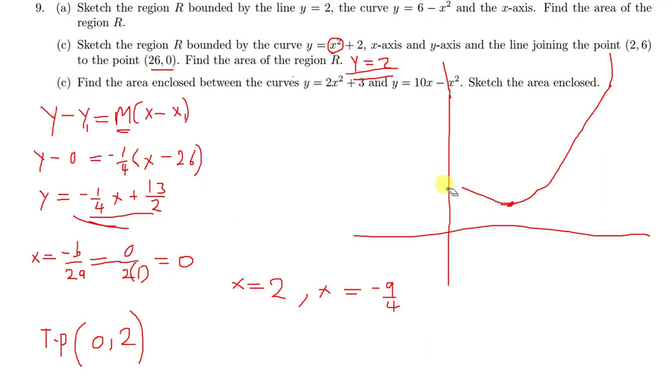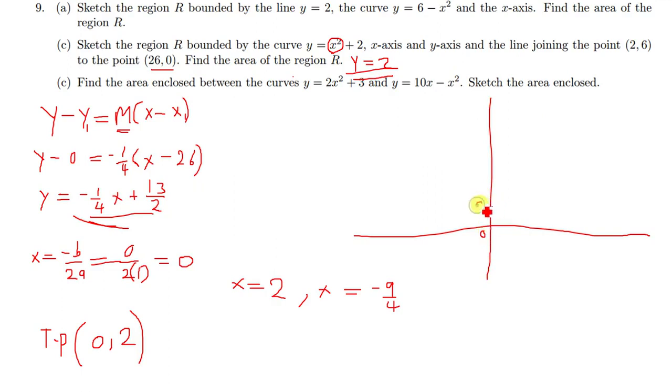So I know it's cutting the y-axis at 2, and at this same point too, that's where we have our turning point. So we're going to have our curve looking like that. It's turning at this same point, then goes up. And the line which we've been given here has a negative gradient, which implies that this line is going to be like this.